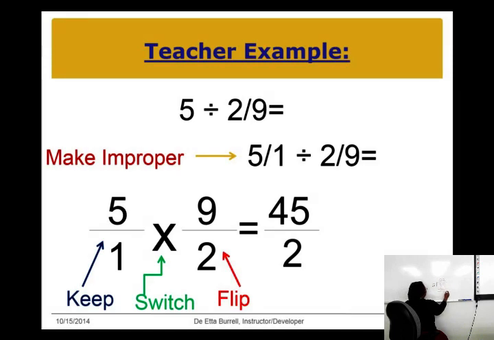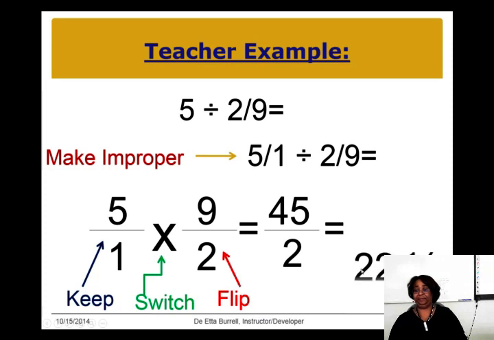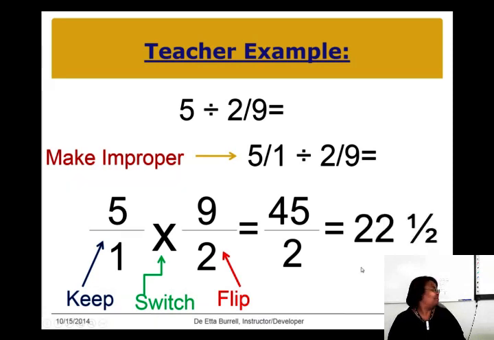And I have 1 left over, so now that's going to be 1 over 2 to make the mixed number. So my mixed number is going to be 22 and a half. Okay? So that's the first example of using keep, switch, and flip.